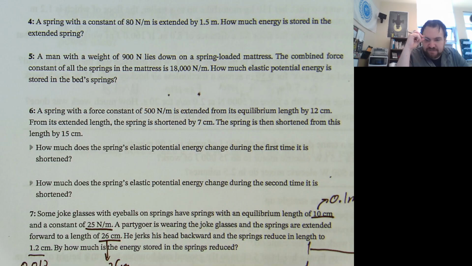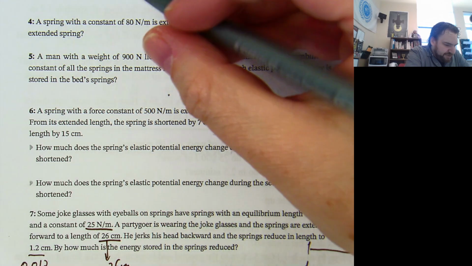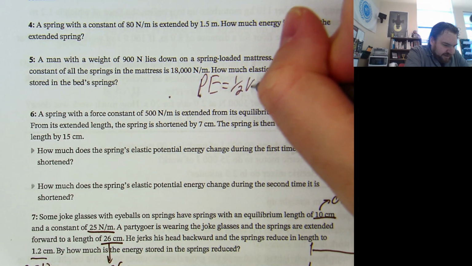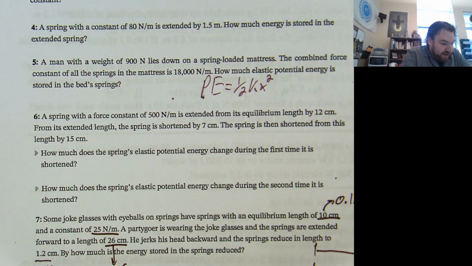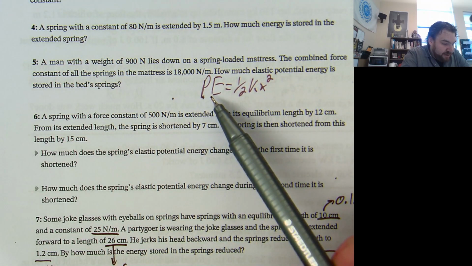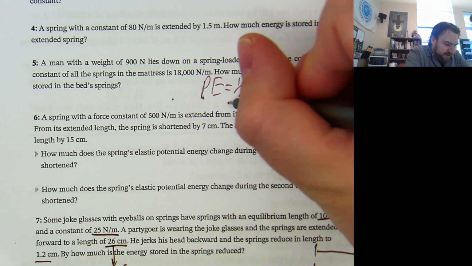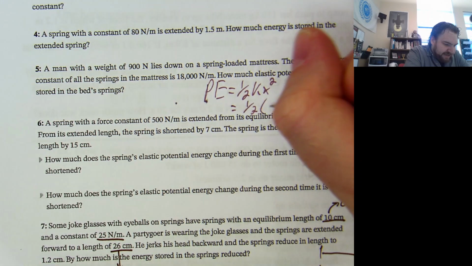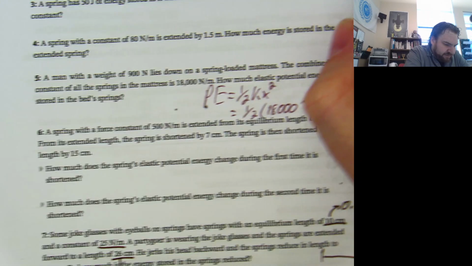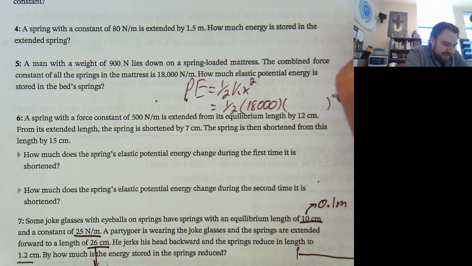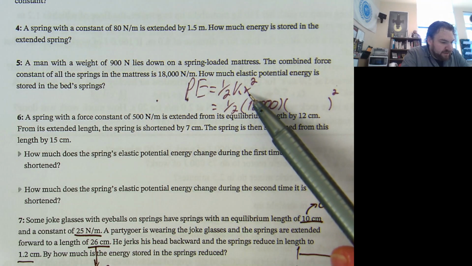Yes. Cool. So, PE equals 1/2 kx squared, and we're looking for PE, we've got K. K is 18,000, so this is going to become 1/2 times 18,000 times something squared, and we need to figure out what this x here is.